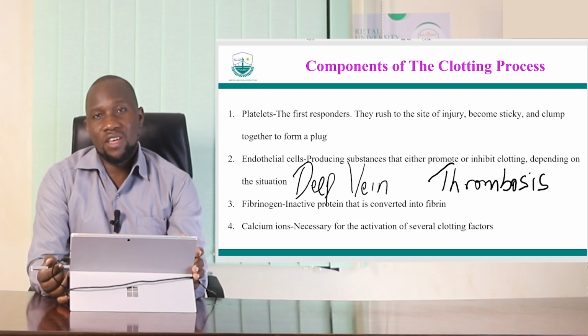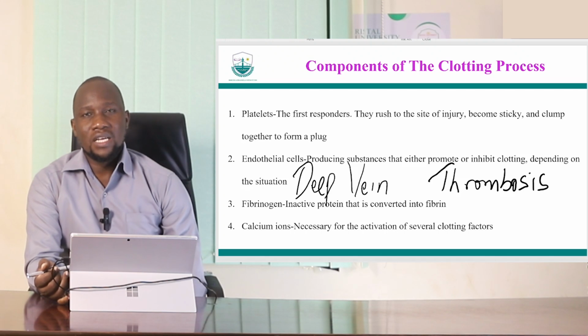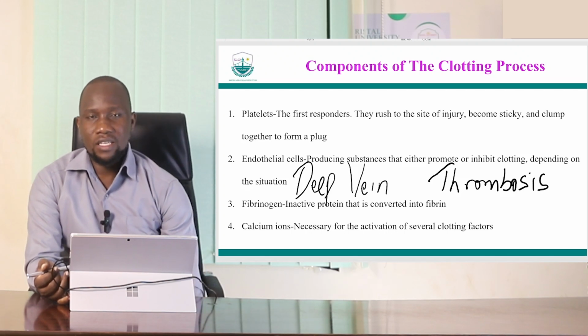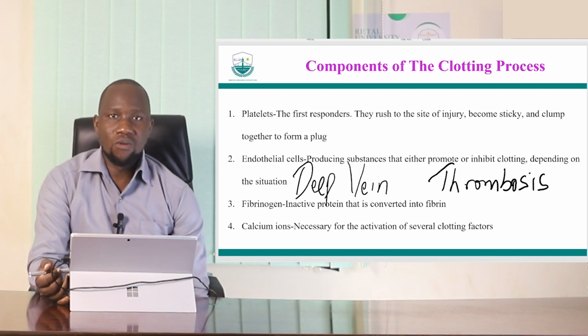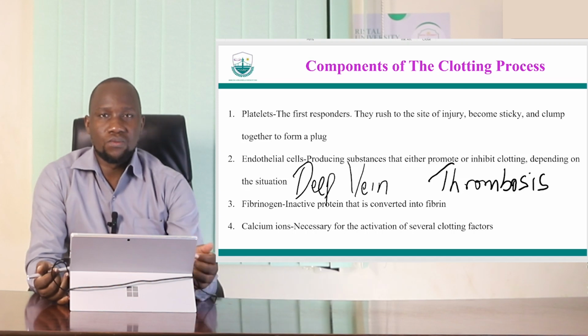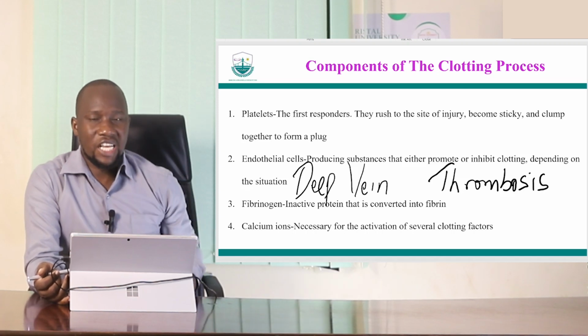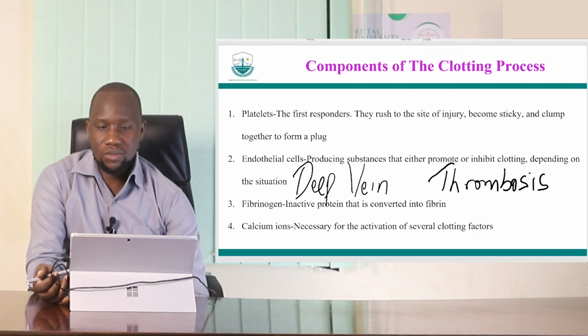So when you have deep vein thrombosis, it means that you have a blood clot in your blood vessel, especially the vein, and it happens more to the veins in the calf muscle. Okay, so it can also happen in the thigh, but commonly in the calf muscle.